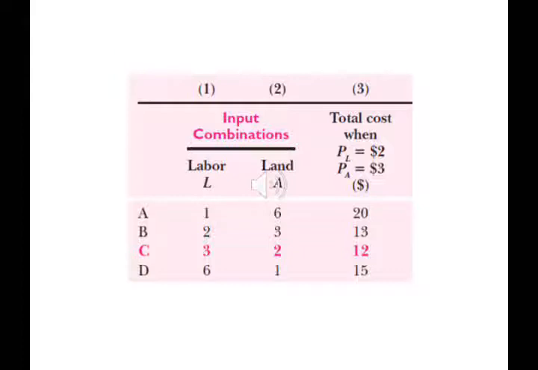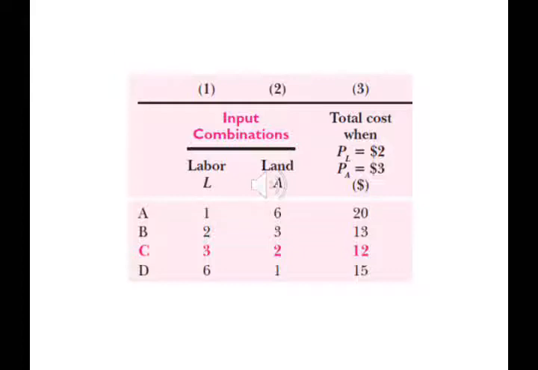Okay, so the firm is going to use this information on the different production functions together with the market price of labor and land, which is given to the firm, in order to calculate the total cost associated with each production function.